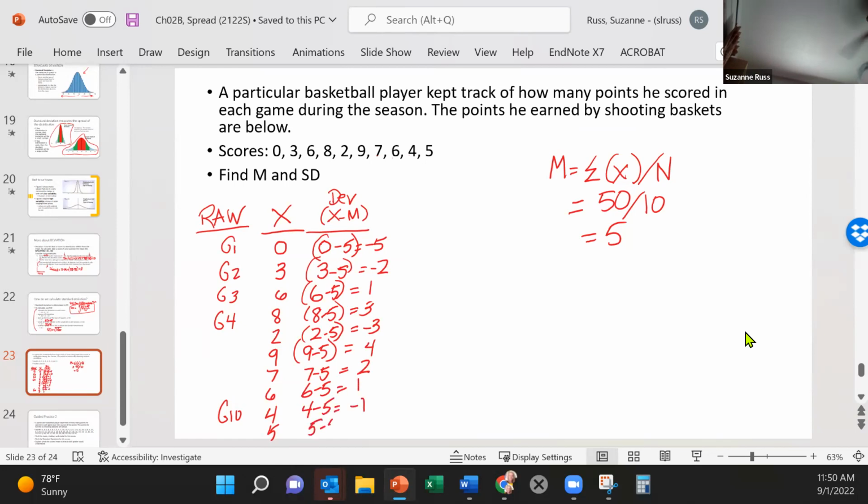And 5 minus 5 equals 0. So now we have the deviations.